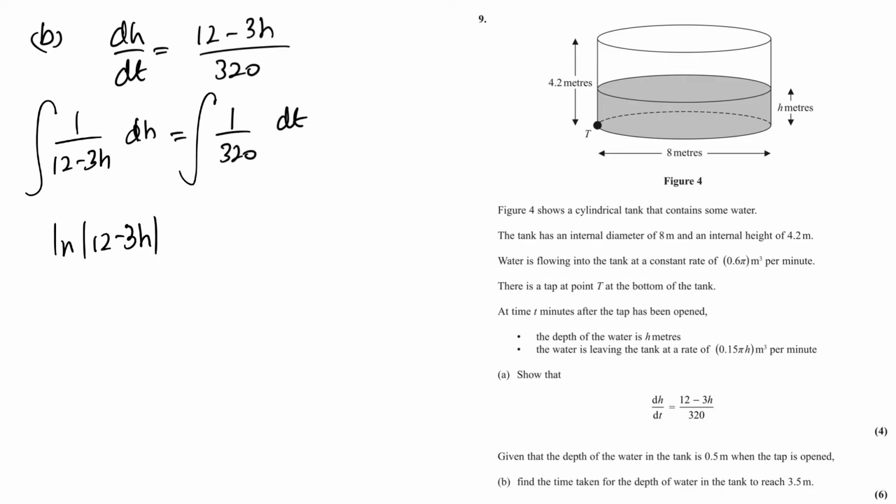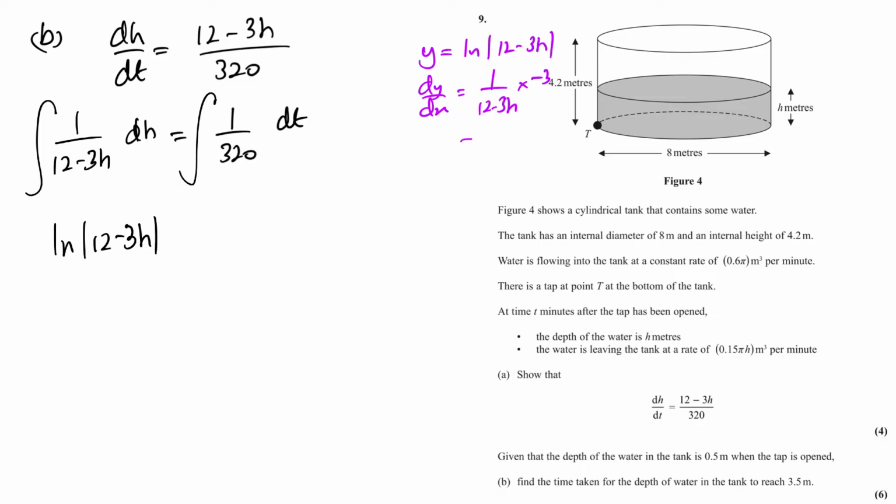Not quite just that, but what I'm actually going to do is just do this on the side in a different color. I've talked about this kind of method before, where I do a rough integration and then I differentiate and see. So it's 1 over 12 minus 3h times minus 3.